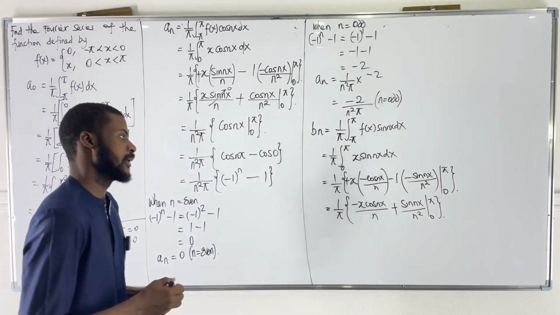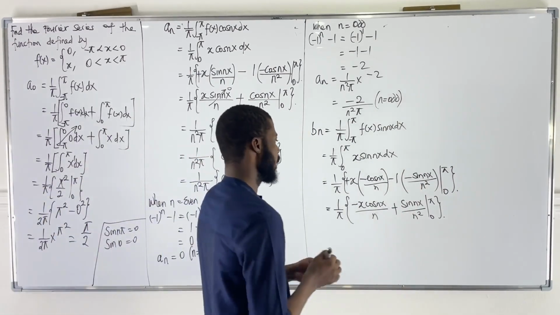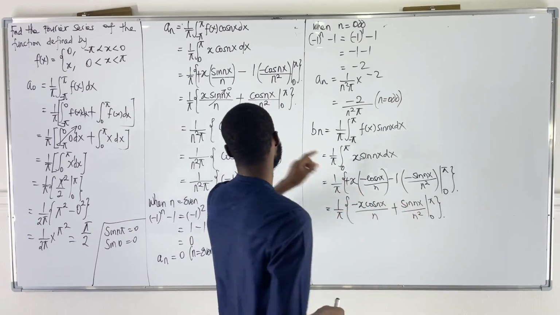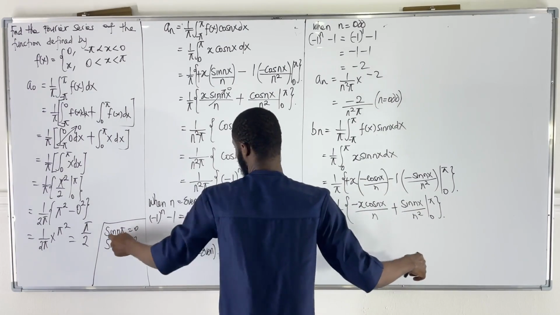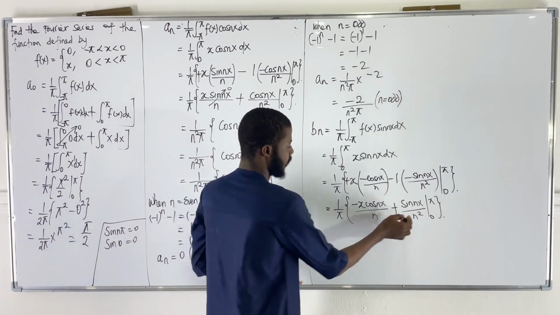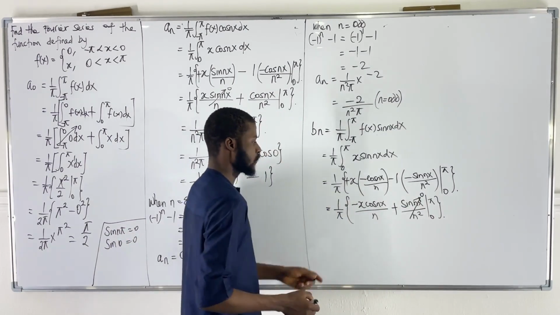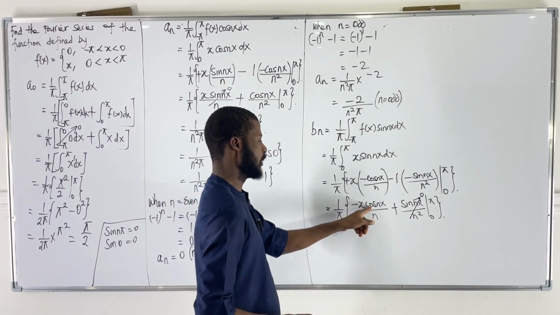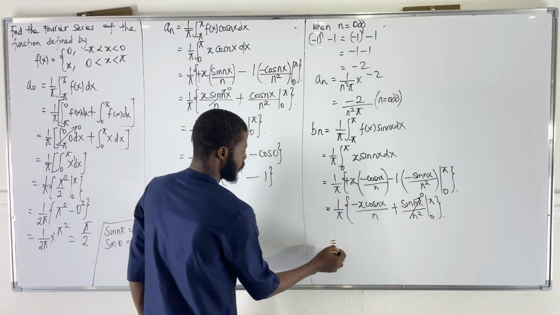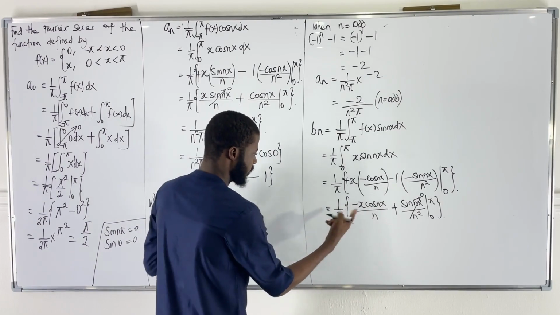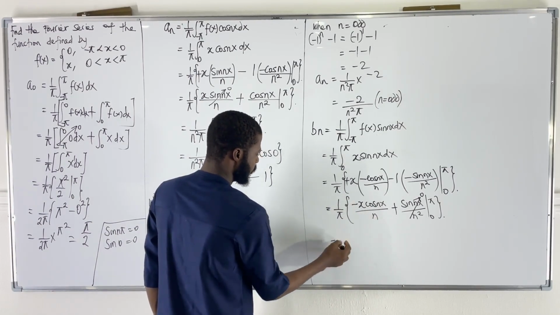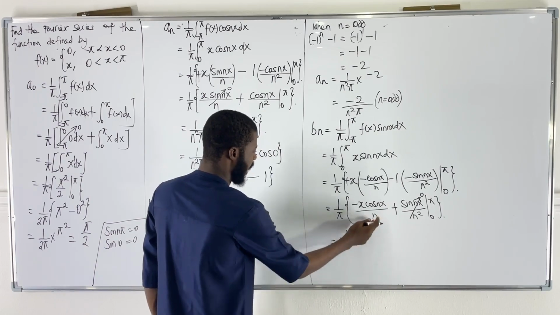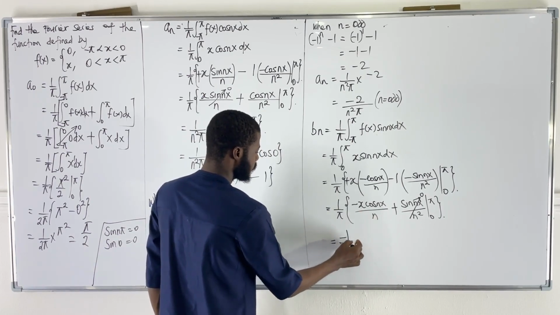Now earlier on, if you notice, I said that this sine nx will give you 0. Because when you put in your limits, sine n pi is 0, so it's just gone. Just throw it away. So what will be remaining will be this very one. So this will be, let's bring out the constant. The minus is a constant, the n is a constant. So this will be minus 1 over n pi.